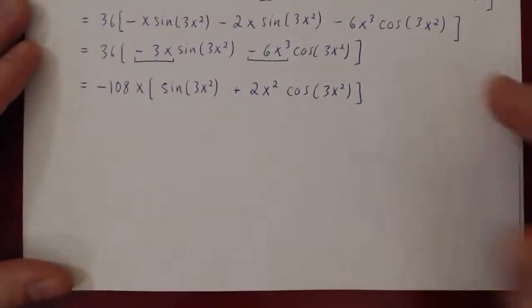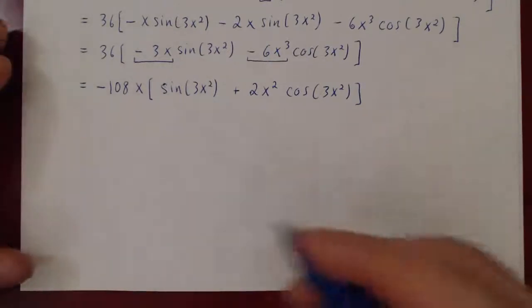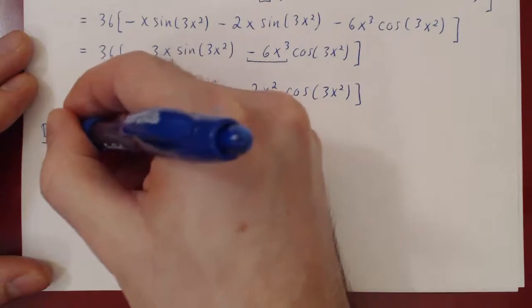So here's how we can write the nth derivative of the function. This is a summary for the notation.